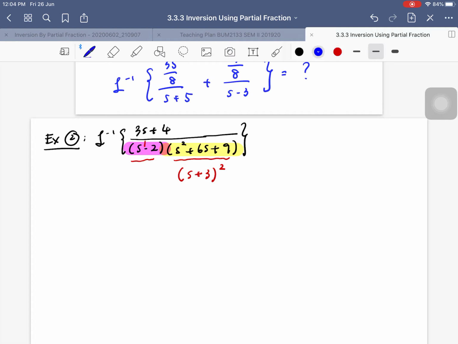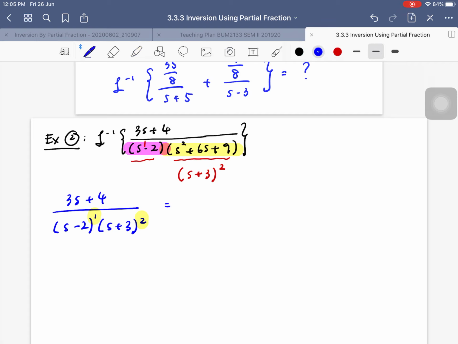So when I want to decompose this in terms of partial fractions, the function I'm looking for is (3s + 4) over (s - 2) multiplied by (s + 3) to the power of 2. From the power outside the bracket, straight away we can tell that I'm going to end up with 3 partial fractions.